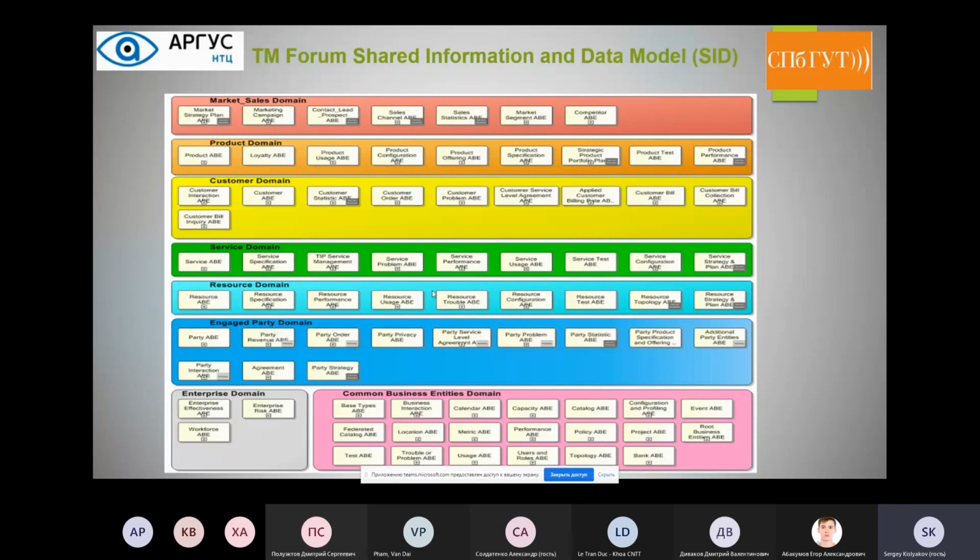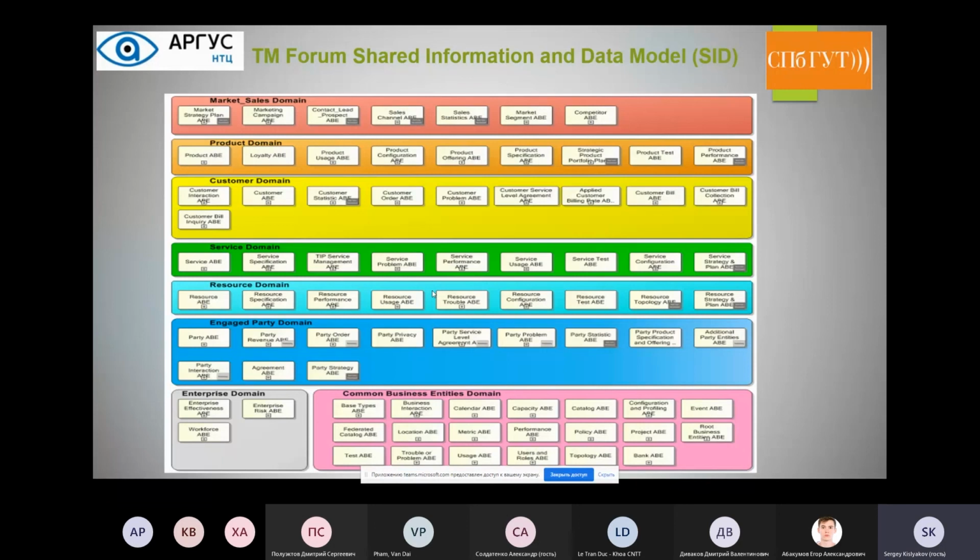Also, the ideas of the frameworks have some shortcomings which currently don't allow building a digital twin on this basis. So, for example, we can't use this shared information and data model directly to build the digital twin.